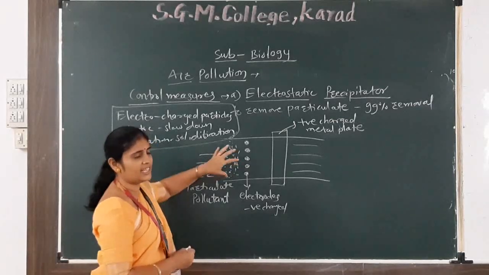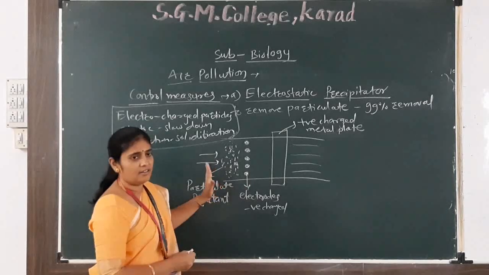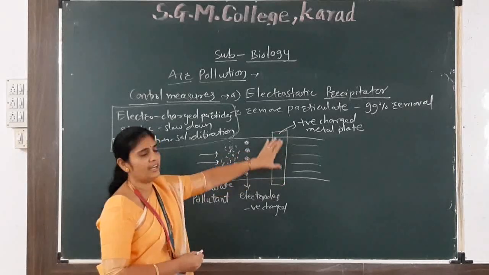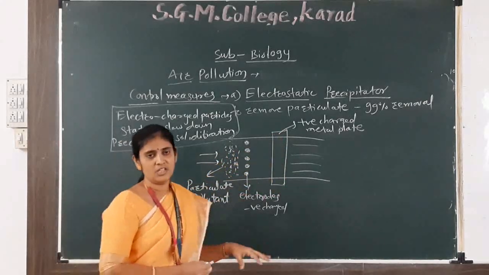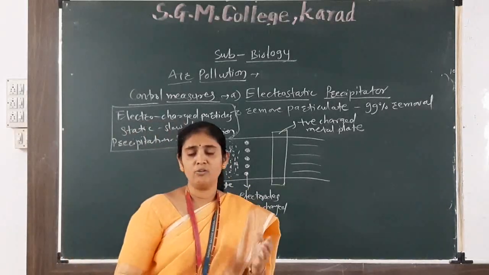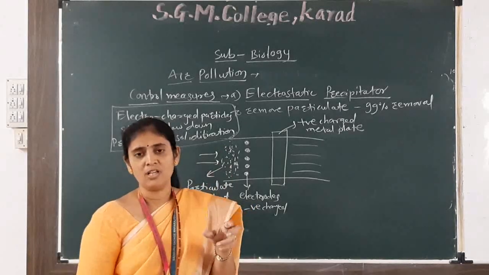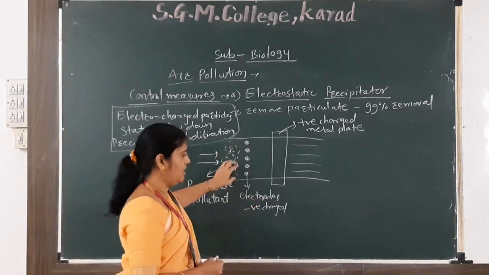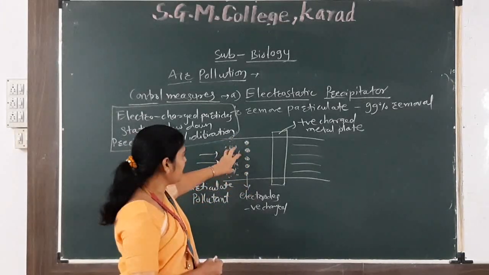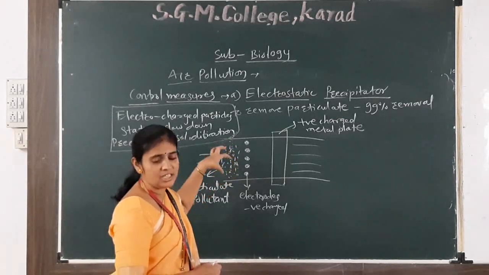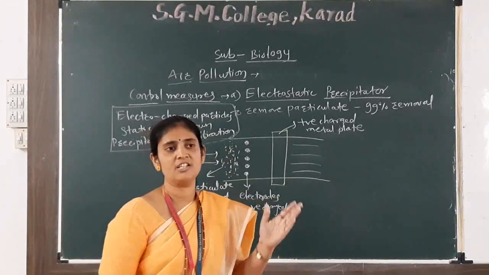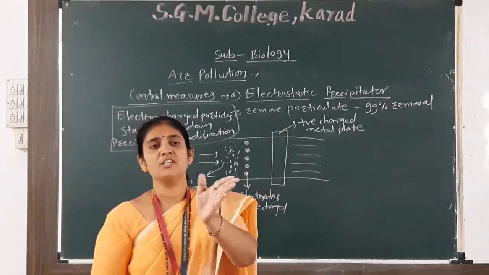High voltage is given to this precipitator, and due to electric discharge there is ionization of air and free electrons get attached to the dust particles. Then these dust particles move from the negatively charged electrodes towards the positively charged metal plate.